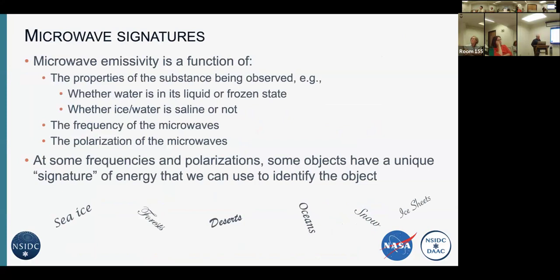Okay, so for the microwave, emissivity is a function of the property of the substance being observed, like I talked about. For example, whether water is liquid or frozen, whether the water is saline or fresh. It also depends on the frequency of the microwave and the polarization, which I'll talk about in a minute.